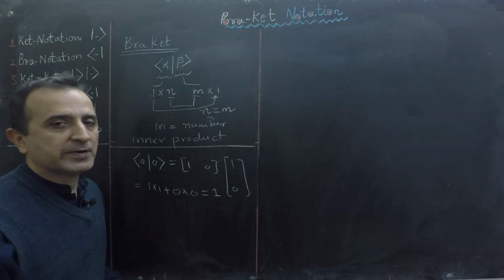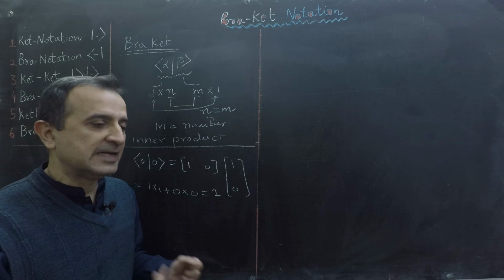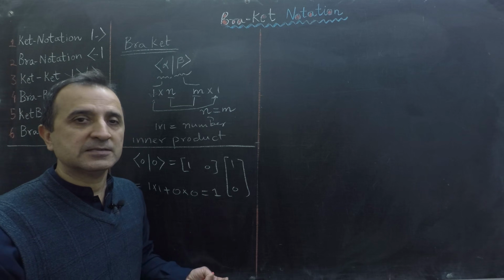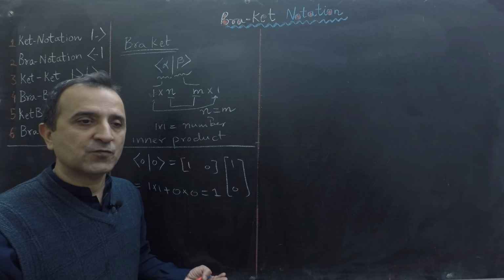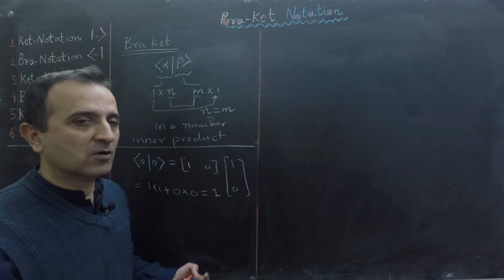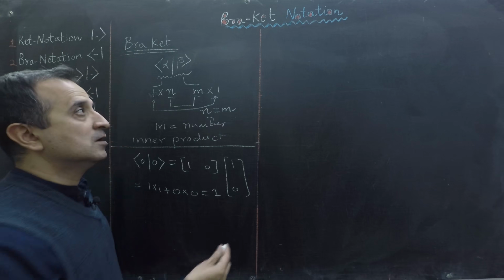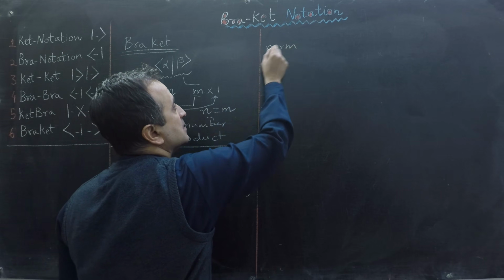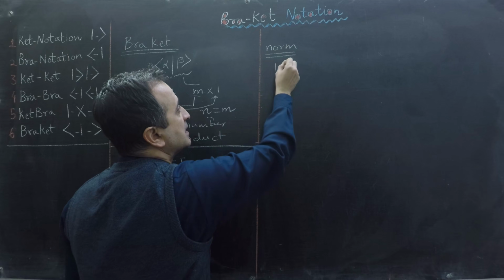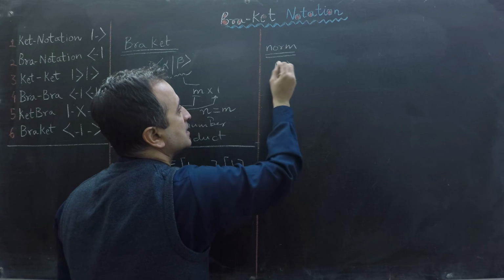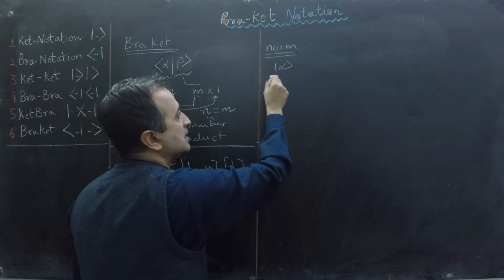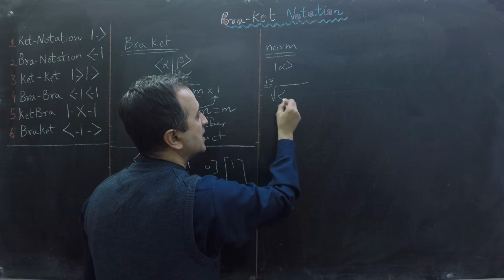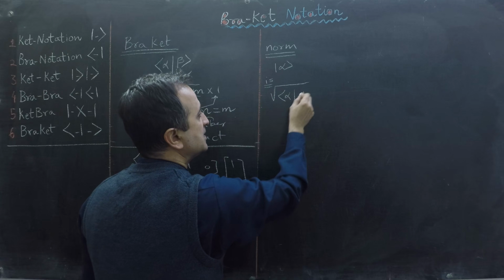If the inner product of a vector with itself is equal to 1, then it implies that its magnitude will also be equal to 1, because the magnitude or norm of any vector, say ket alpha, is equal to the square root of the inner product of ket alpha with itself.